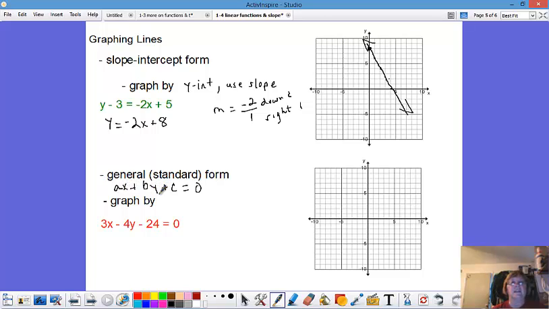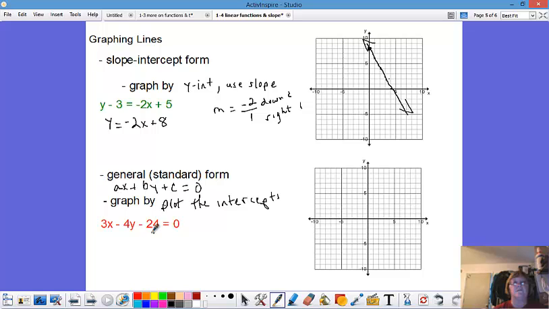Okay, so still a line, it's just a different way of looking at it. And if you're going to graph a line that's written like this one in standard or general form, here's my best advice to you. Graph by plotting the intercepts. Plot the intercepts. And I'll tell you, with many lines, especially in textbooks, this is an awesome way to graph.